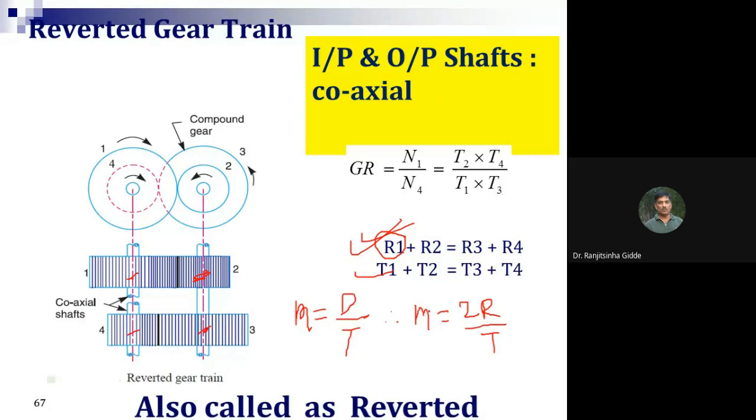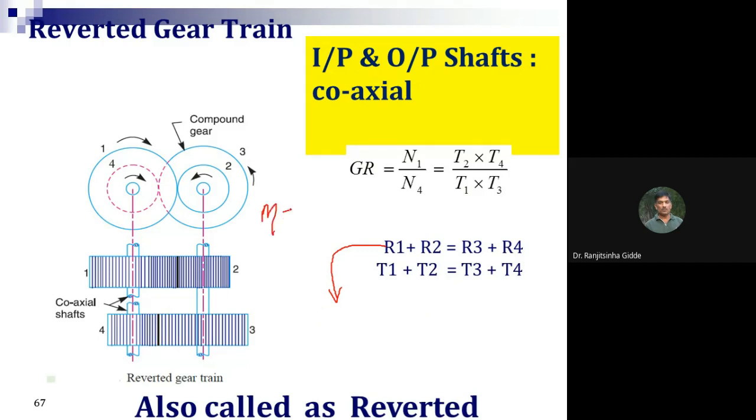So once again I will write m is equal to 2 times r upon t. Therefore we can write r is equal to mt by 2. So that is how to get this, that I am explaining.